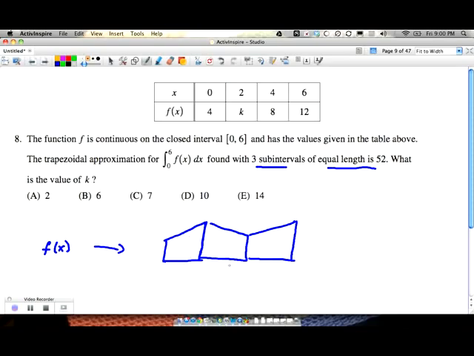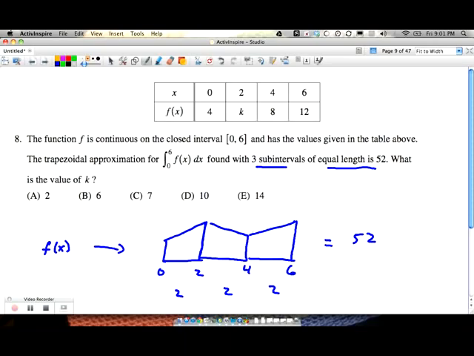And these intervals, this is 0, 2, 4, and 6. And these intervals are all going to be the same length, so it's 2, 2, and 2. And we know that altogether, if I add up these three areas, that equals 52. The sum of these three areas.